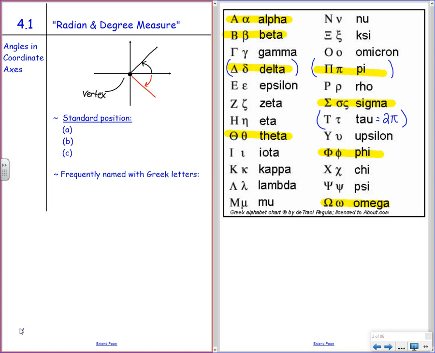This is the vertex of the angle, and in standard position, the vertex will always be at the origin, at 0, 0.